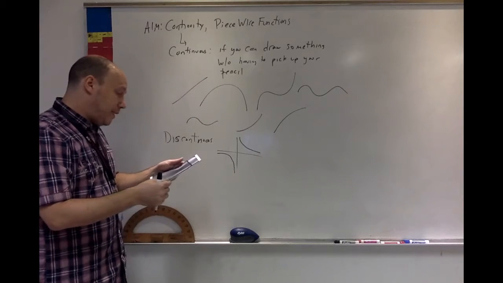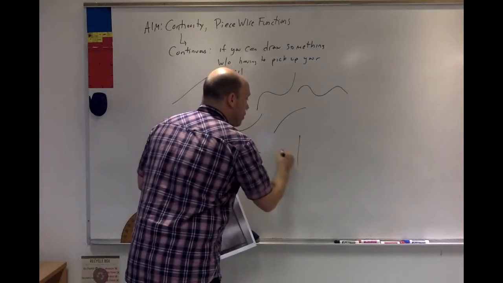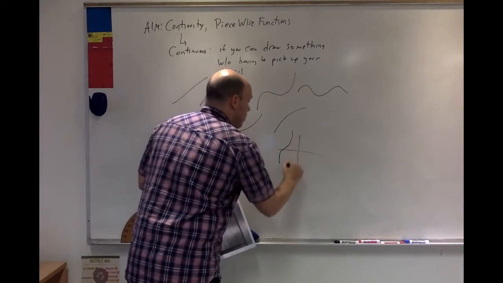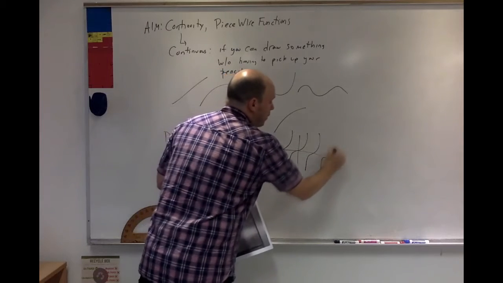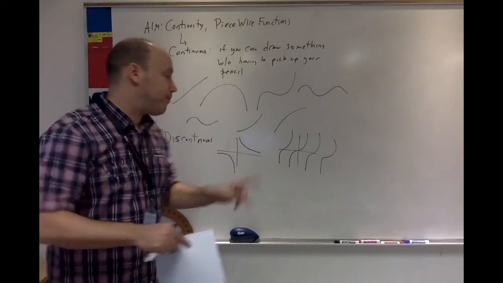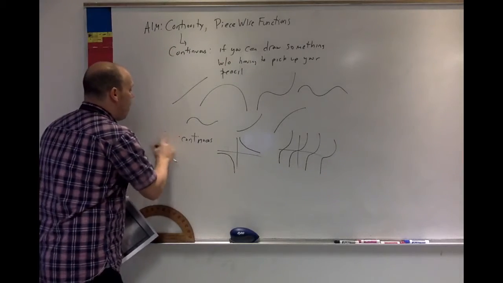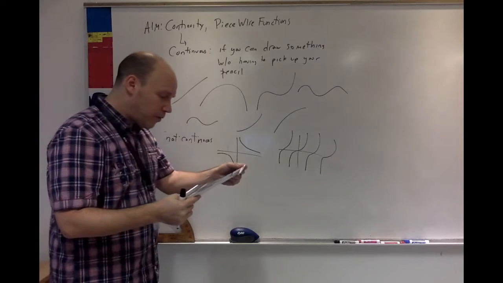Another thing we're going to see is tangents. This is tangent. Pick up my pencil. Pick up my pencil. So it is a function, but it's not continuous. Okay, let's move on.